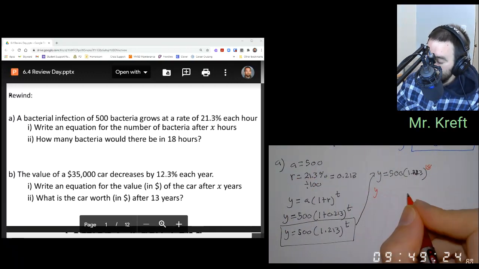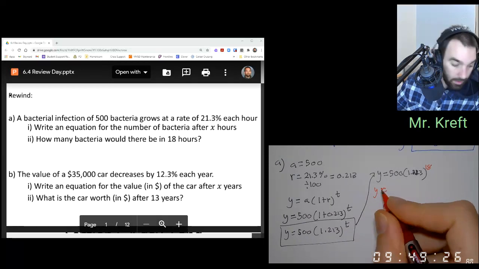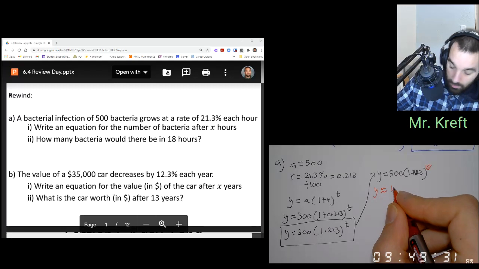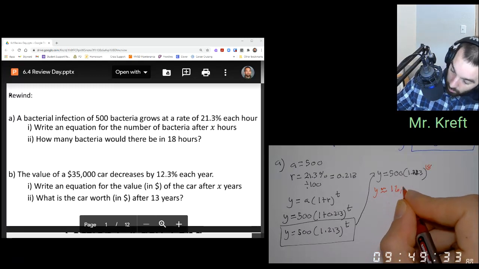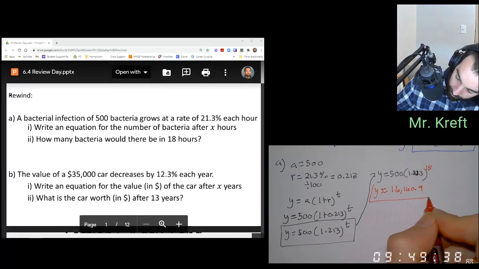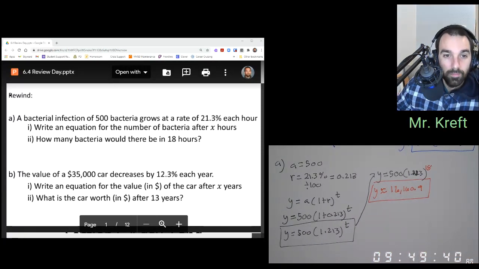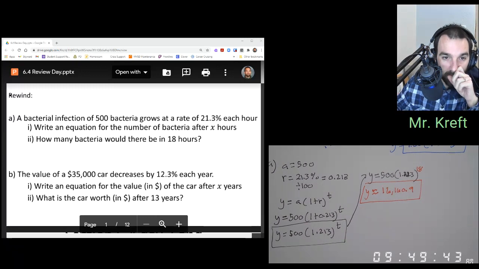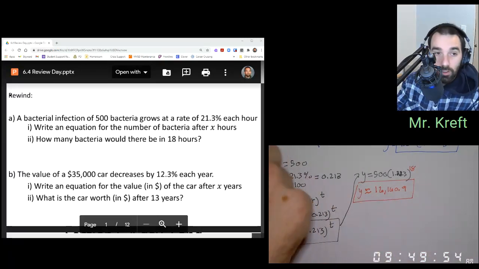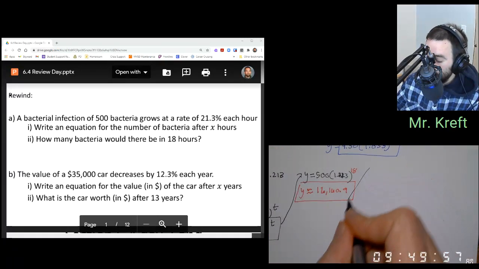And we should get y is approximately, and I did this in my calculator, I got 16,160.9. Okay. And again, I'm sorry, but we're running short on time. So I'm going to go ahead and do the next one.